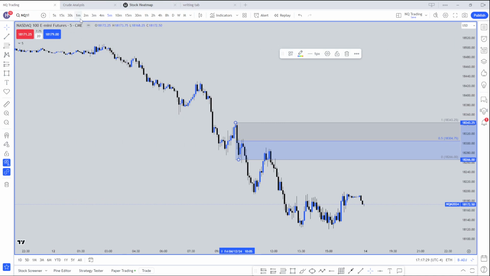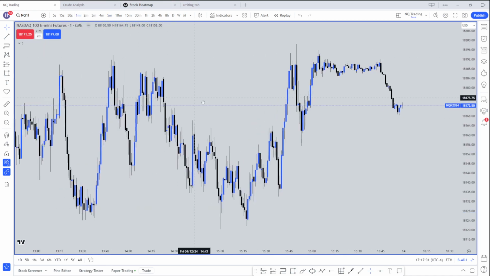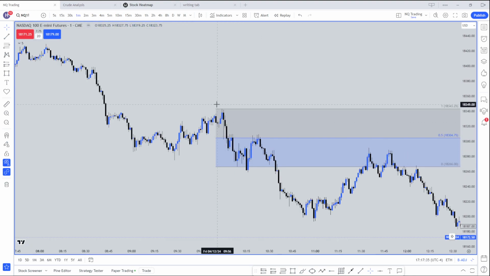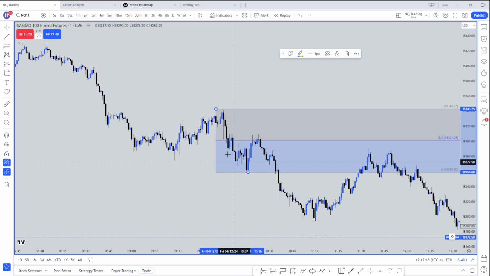Okay, there's my dealing range. Here's what we were looking at. Here's where it created that dealing range from there to there. What I would probably do is move that down there after it's created. You see that? Up into a premium, stabs up there 3 or 4 times, then breaks down.